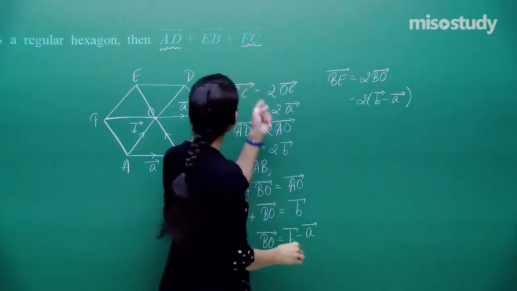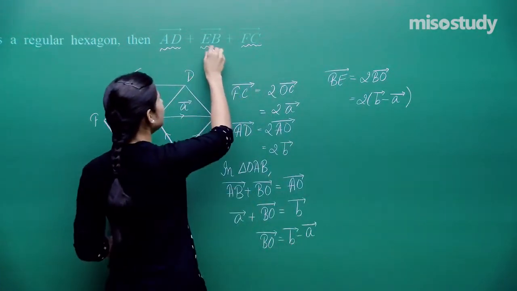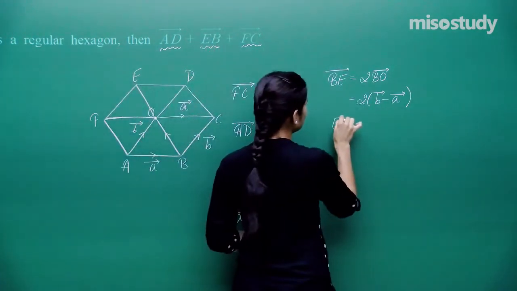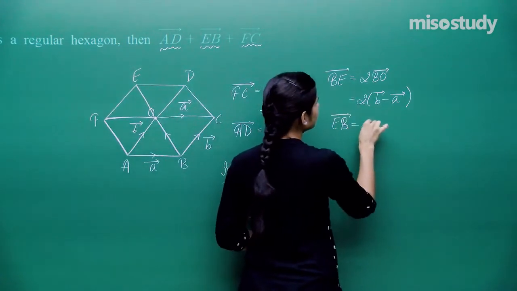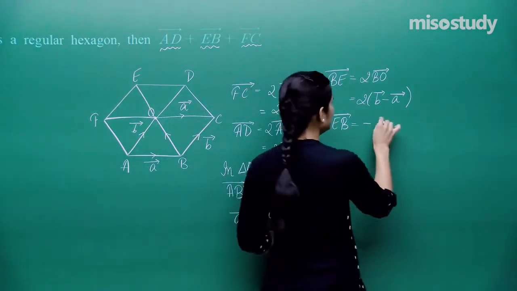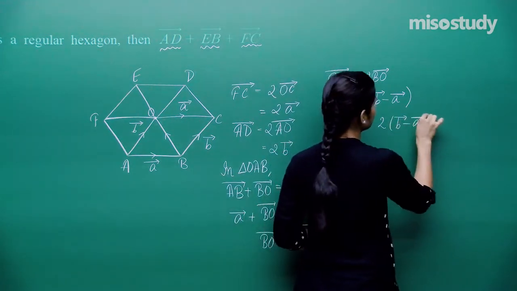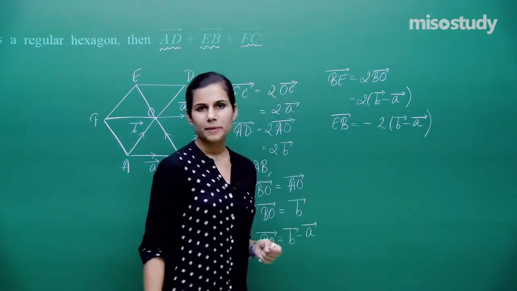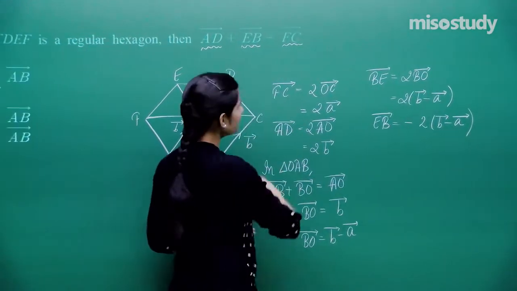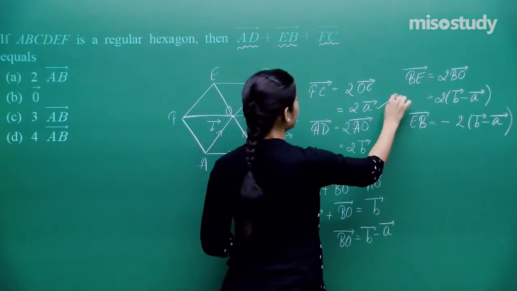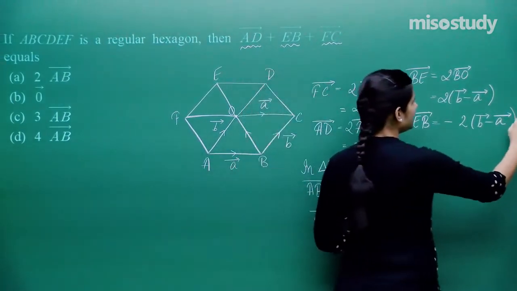Well, I don't want BE vector, I actually want EB vector. I know EB vector will be negative of the BE vector. That's how we basically decode each and every vector written in the expression. I have FC vector, AD vector and EB vector.